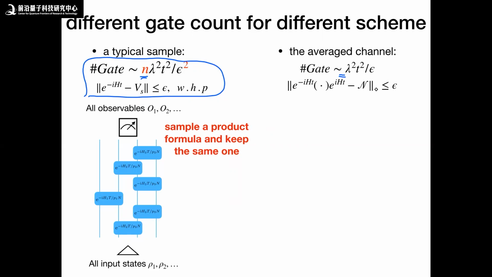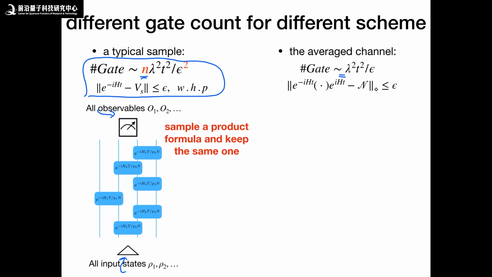You're allowed to input all kinds of different states and measure all kinds of observables, and that's exactly what it means for the unitary to be close. This explains why we need a much longer gate sequence, because we have to handle the very worst-case states and observables.